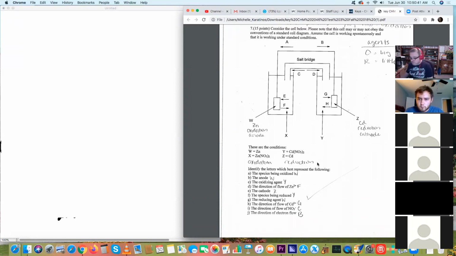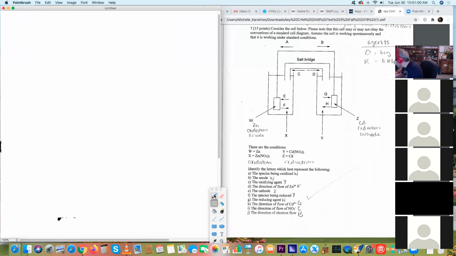So when you're starting off with something like this, it would be necessary to know what the electrode potentials are for zinc and the cadmium. The two reactions you'd be looking for on the reduction potential table would look like this.